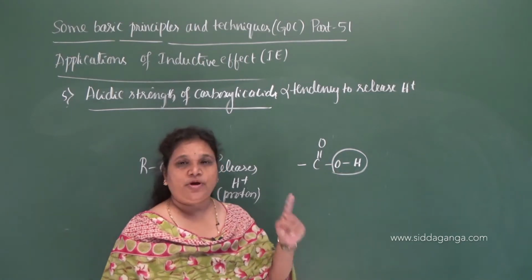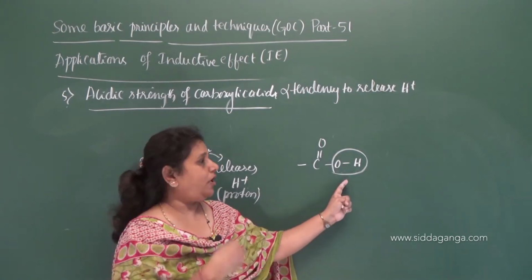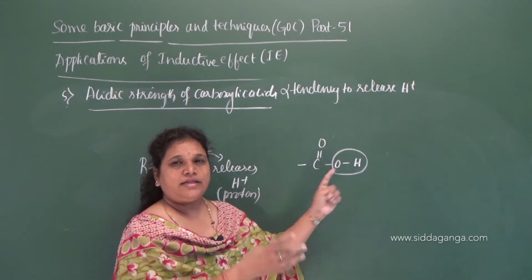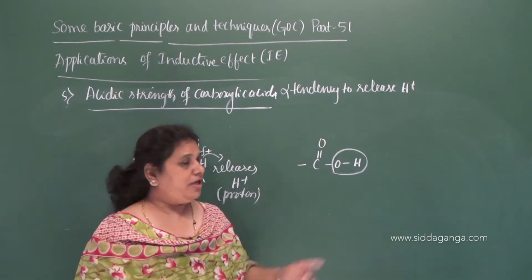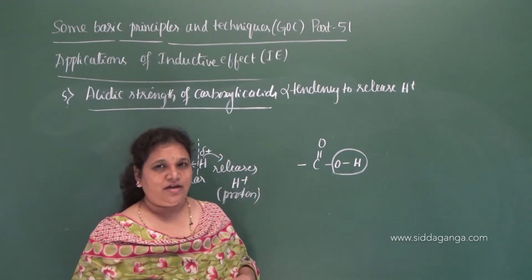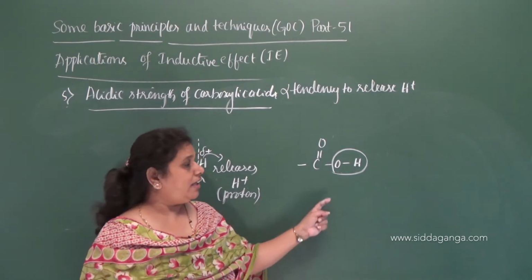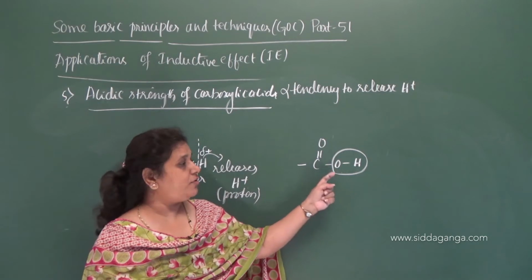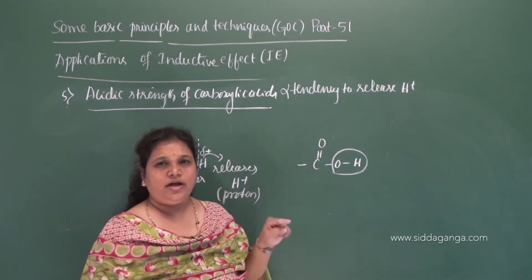When the OH bond is weak, cleavage becomes easier, proton releasing is easier and the acidic strength increases. When the OH bond is strong, cleavage of the bond becomes difficult and the tendency to release the proton decreases. Then acidic strength also decreases.